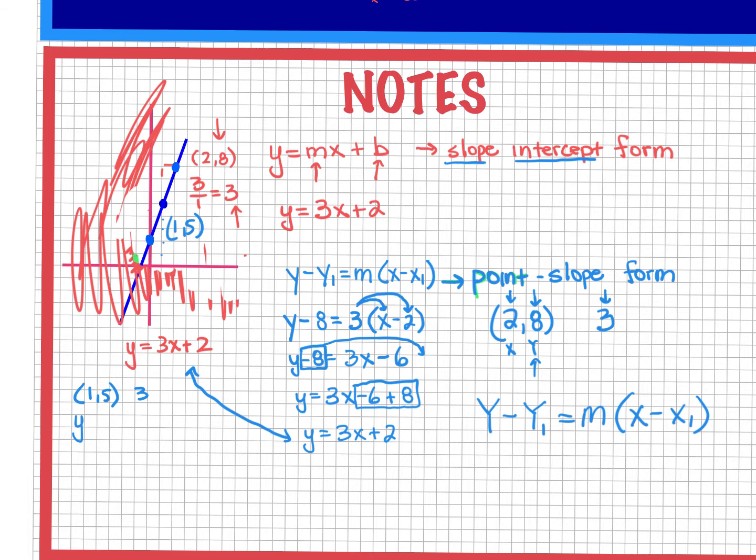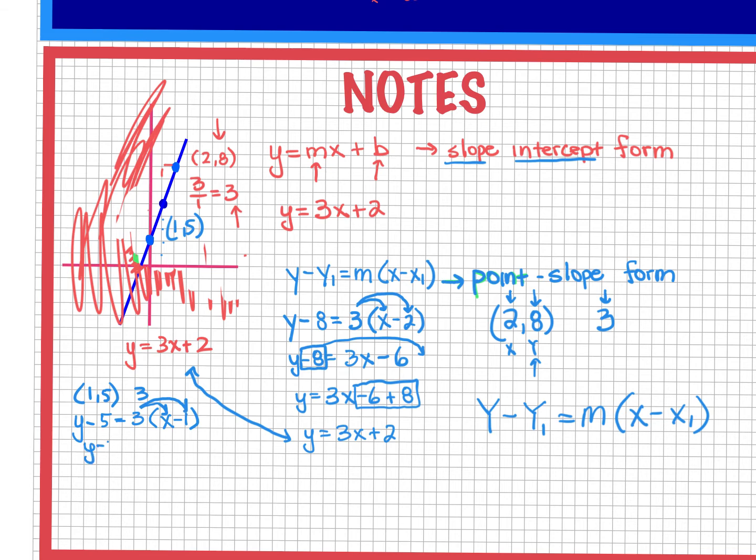Let's see. y minus the y point, which is 5, equals the slope, 3, times x minus the x point, which is 1. Okay, that looks different. Let's see. I'm going to distribute the 3 into the parentheses.